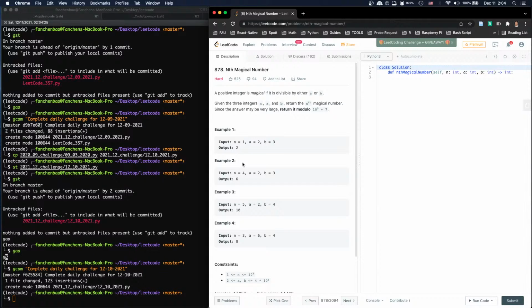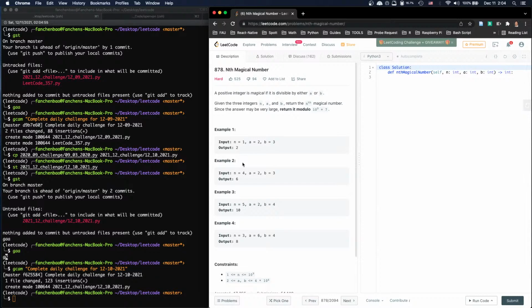If they're not co-prime, like the last case, A is 6, B is 4. So A is 2 times 3, B is 2 times 2. Therefore, 6 and 4.